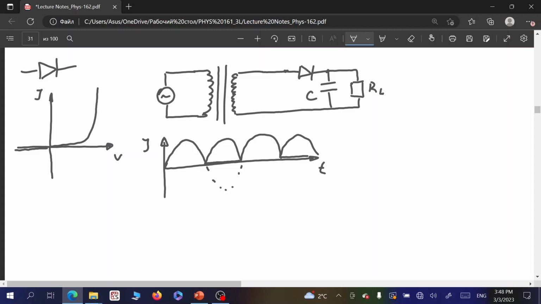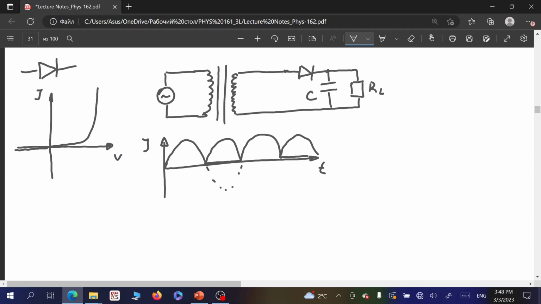So the current through the resistor will actually be supported by current of the discharging capacitor, because we reduce the current or AC voltage, but we still have a charged capacitor, which will contribute for some time to drive this current through the circuit.